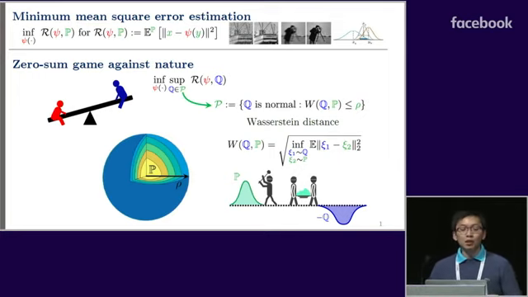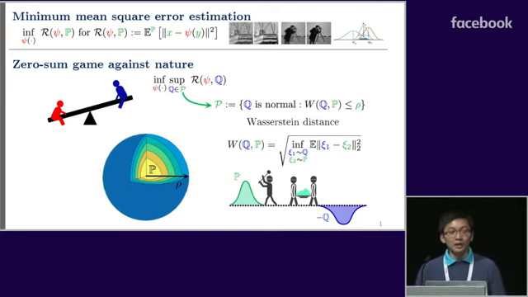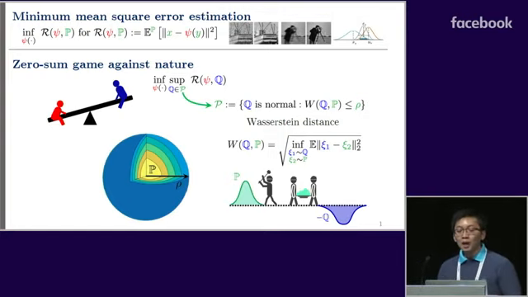This estimation problem is actually very sensitive to perturbations to the distribution P. As such, we propose to find a robust estimator that minimizes the worst case expected error over all distributions Q in an ambiguity set. We define the ambiguity set as a ball in the space of distributions using the Wasserstein distance.